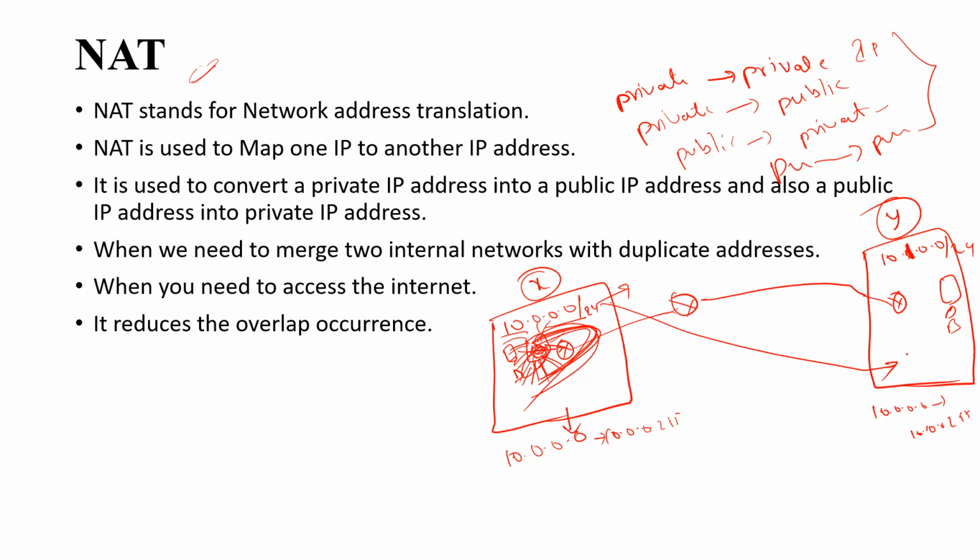Suppose here they are using 10.0.0.0/24. If they try to access this, it comes out of the router, and when it reaches here, the network conflict is happening, right? So that's why they'll map this subnet into some other private IP addresses, like 10.2.1.1, some subnet where it is not conflicting with each other.